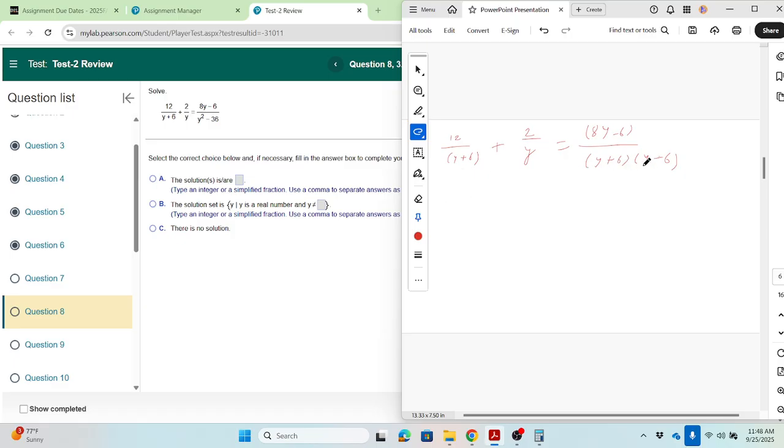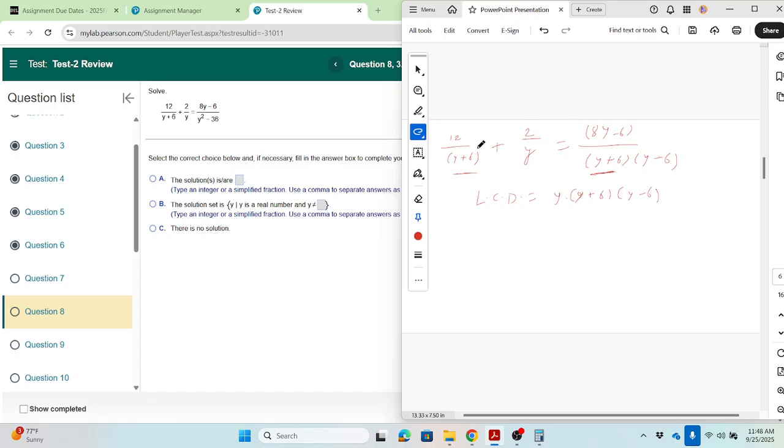The reason I found the factors is because we need to find the LCD. LCD means all the common factors, like this one and this one are common, and then after that, the leftover factors. From here the leftover is y, from here the leftover is y minus 6.